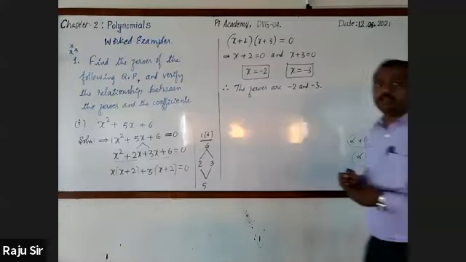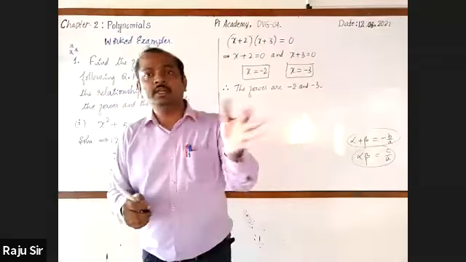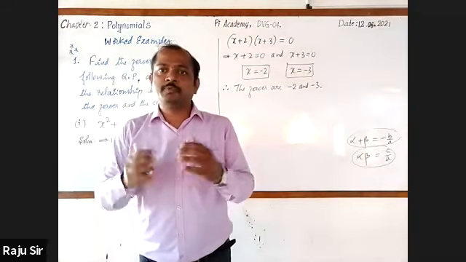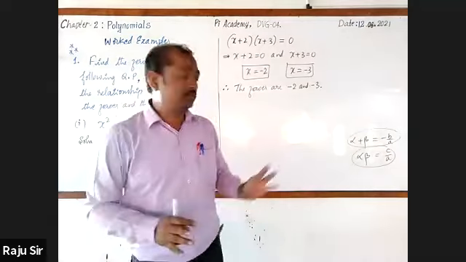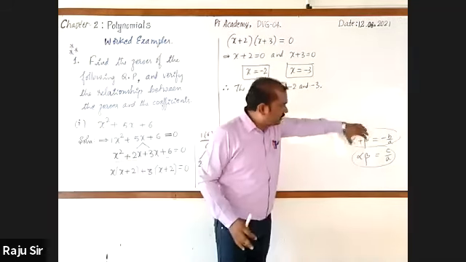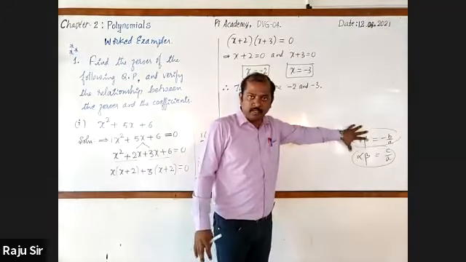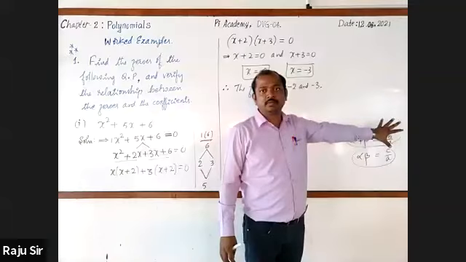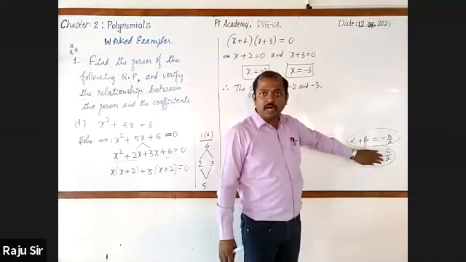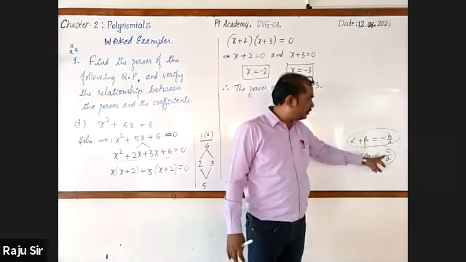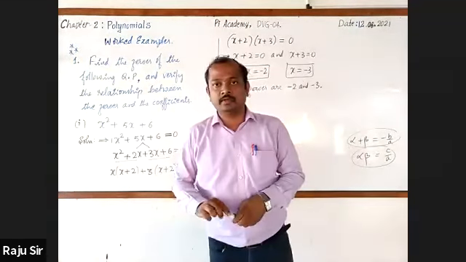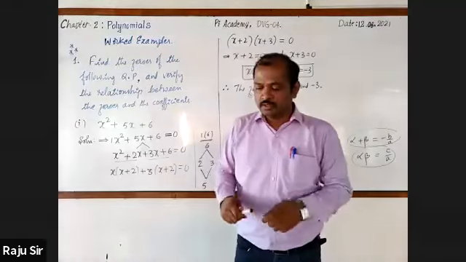Among these two, you can go for verifying any one, or if you want, you can verify both also. That means we have to check whether alpha plus beta is equal to -b by a or not, and similarly whether alpha into beta is equal to c by a or not. That should be checked.